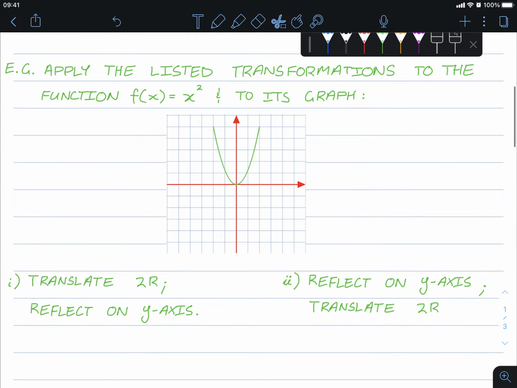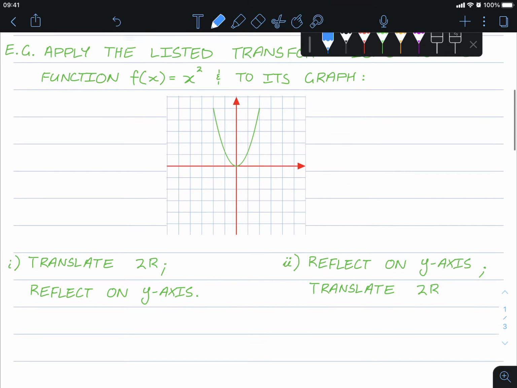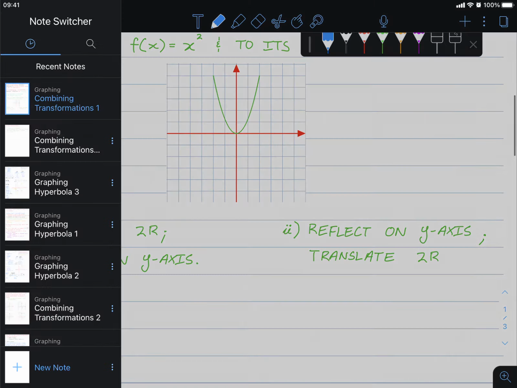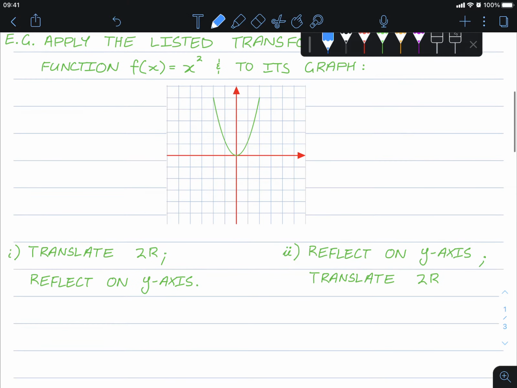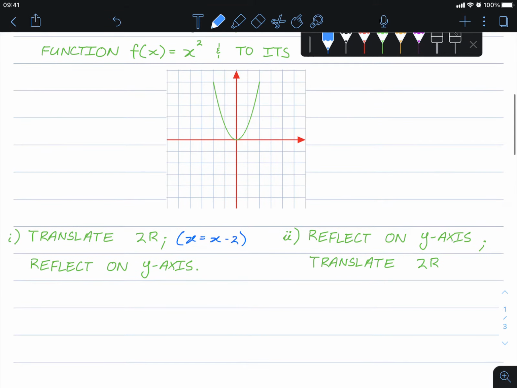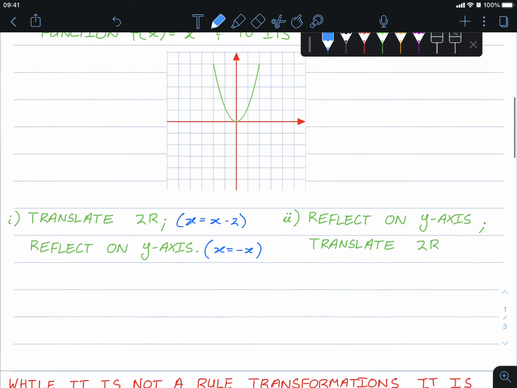So here's the function of x squared. So there it is there. Now let's apply the transformation of 2 to the right and then reflect on the y-axis. 2 to the right, we let x equal x minus 2. And then a reflection on the y-axis, we let x equal negative x. Let's do this first.